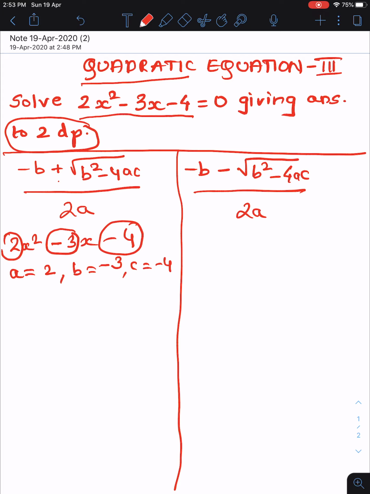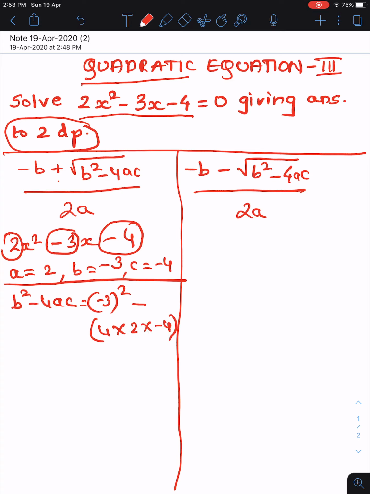Okay, how do I do it? First, the best part is that I solve b square minus 4ac first. So my b square, that is minus 3 square, minus 4 into a is 2 and c is minus 4, sorry. So I get 9 minus 4 2s are 8, 8 4s are 32. That gives me 9 minus into minus plus 32.